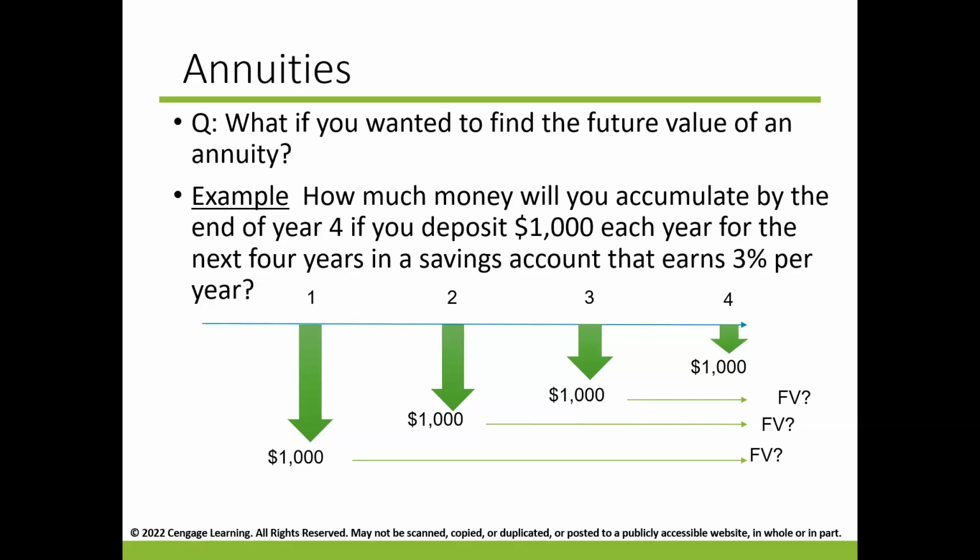You can see on this timeline exactly what it is doing. So what it's saying basically is that you deposit $1,000 each year. So how much is that $1,000 worth at the end of the 4 years if it's at 3% interest? I will give everybody just a moment and then we will go do this on the calculator.